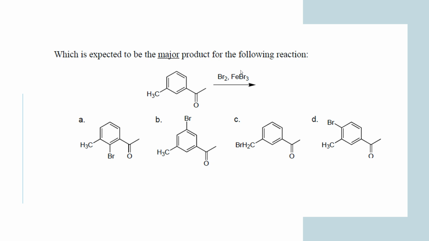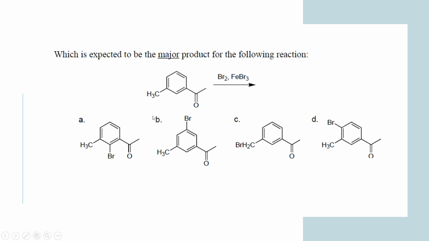First let us look at the substituents already present on the benzene ring. One is methyl and one is acetyl, CH3CO. Out of these two, you must know CH3CO, due to the presence of this carbonyl functionality in the molecule, has electron withdrawing effect on the benzene ring.